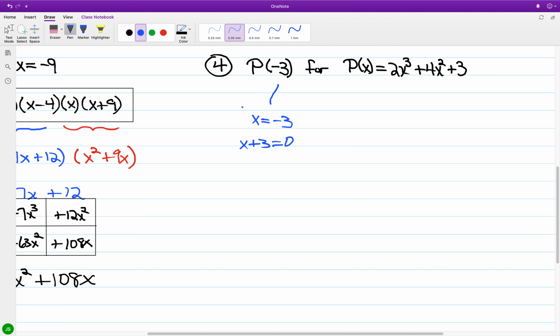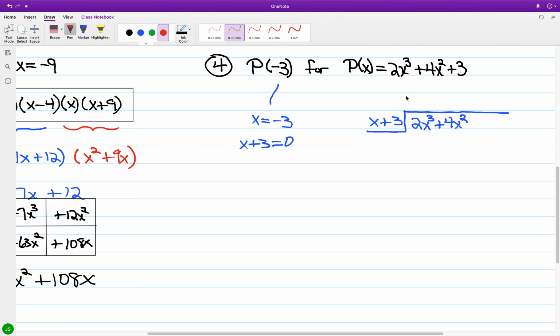Now, looking at it through the lens of synthetic division, negative 3 would be the 0 of the divisor, x plus 3. Taking p of x, I have 2x cubed plus 4x squared.